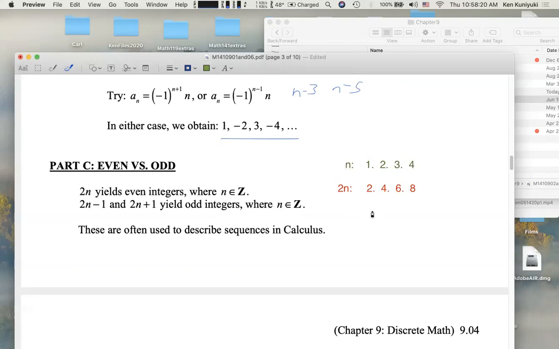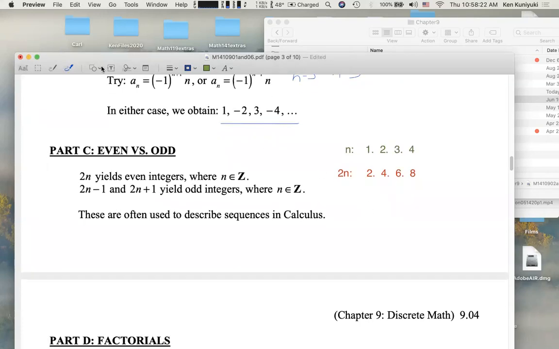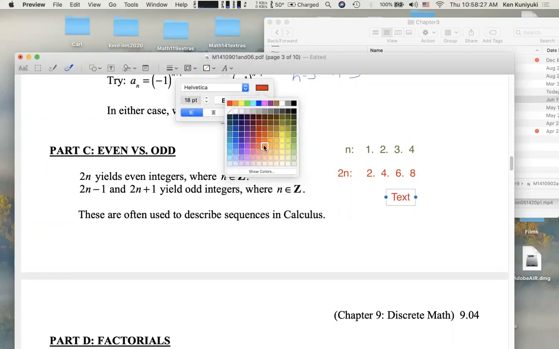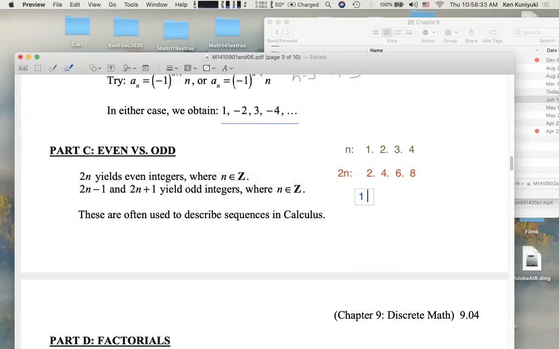Now, how do we get from here to, let's say, positive odd integers? How do we get to 1, 3, 5, 7? Well, how do we get from 2 to 1, 4 to 3, 6 to 5, 8 to 7, and so forth?